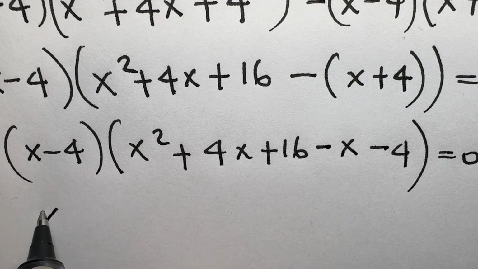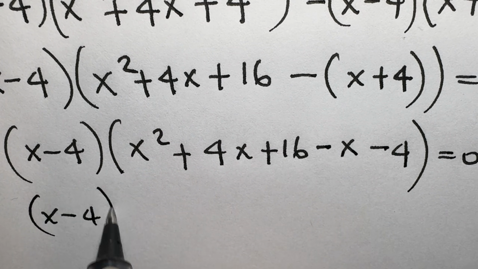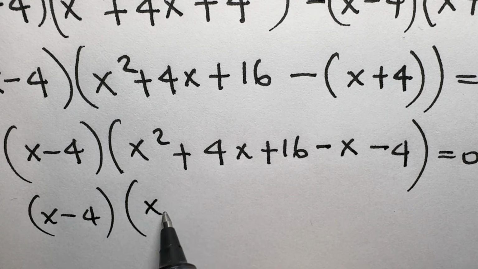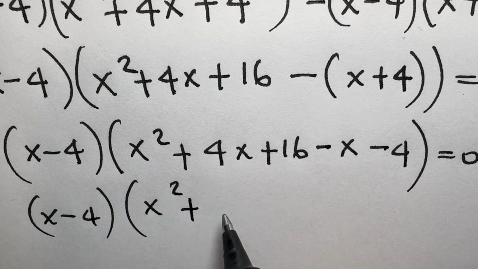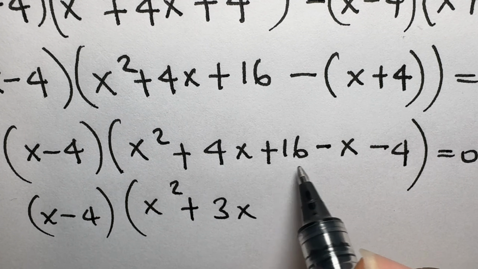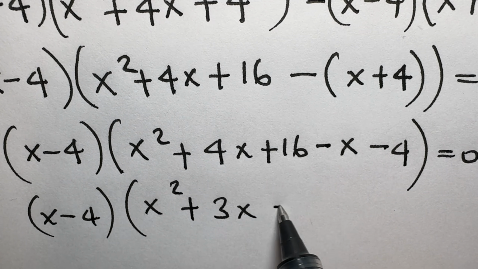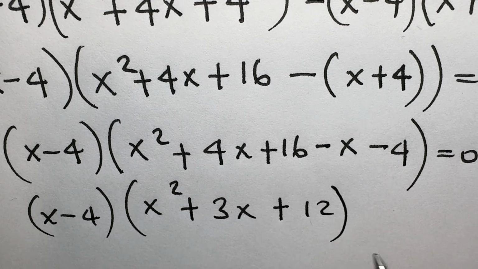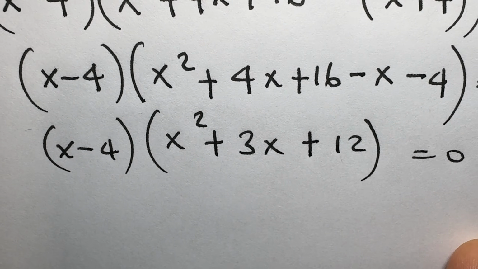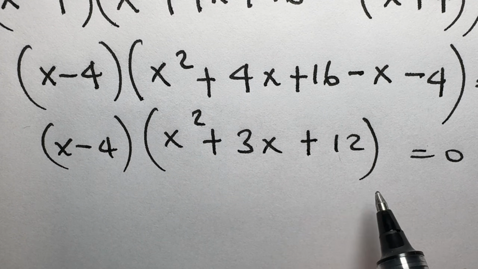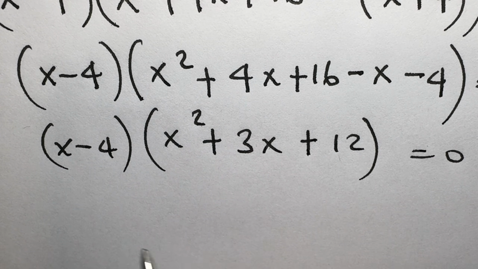So we have x minus 4 into bracket x squared, 4x minus x here will give us 3x. Then 16 minus 4 here will give us 12 is equal to 0. Then everything is tidy.